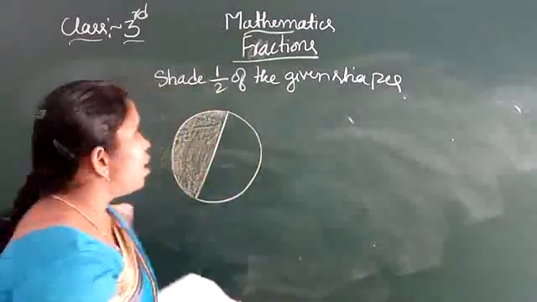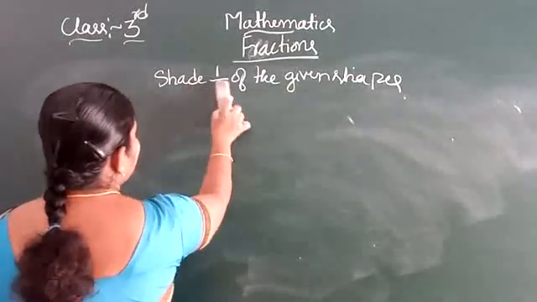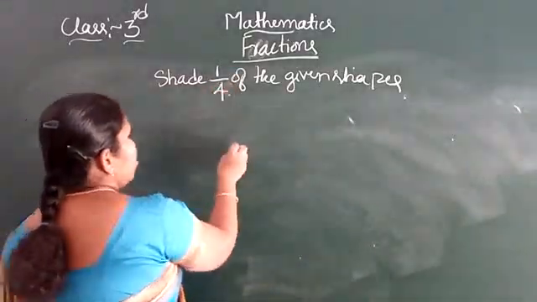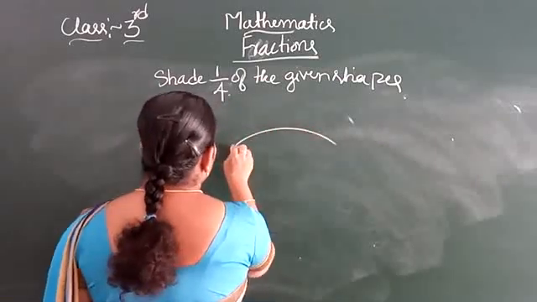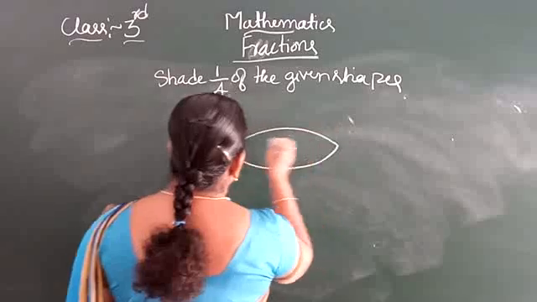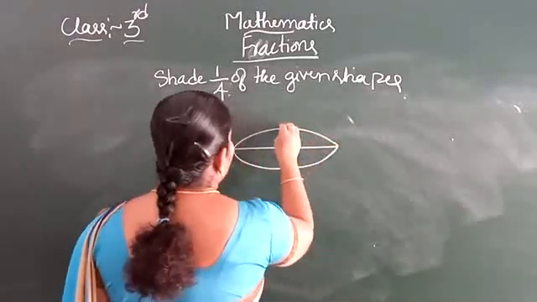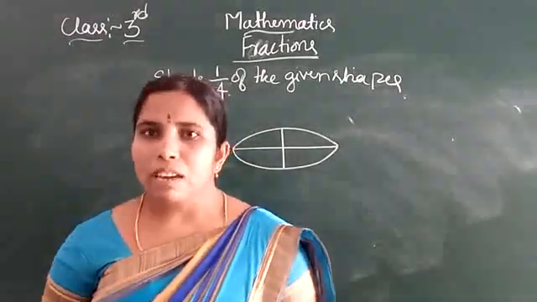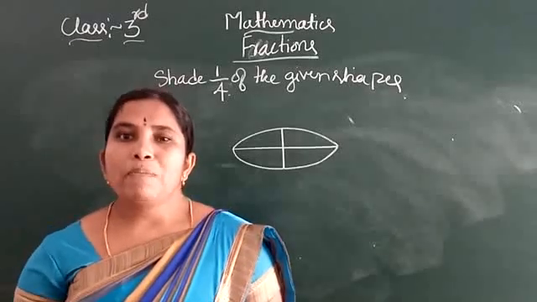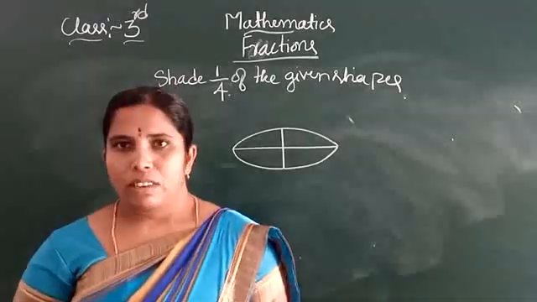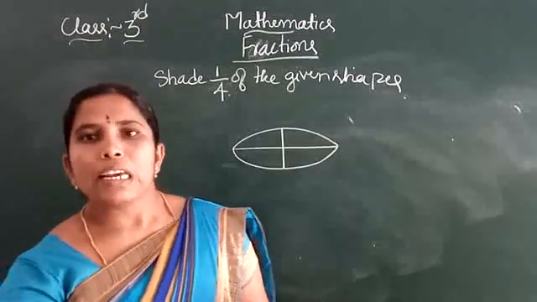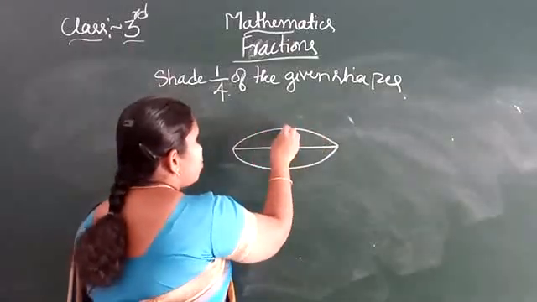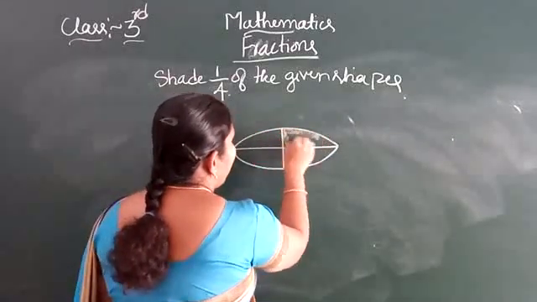See, they give the figure like that. This one is divided into 4 equal parts. Shade 1 by 4 of the given shape means this whole is divided into 4 equal parts, so shade only one part.